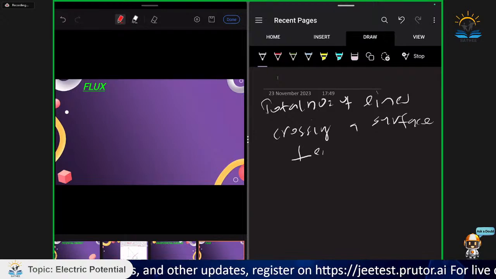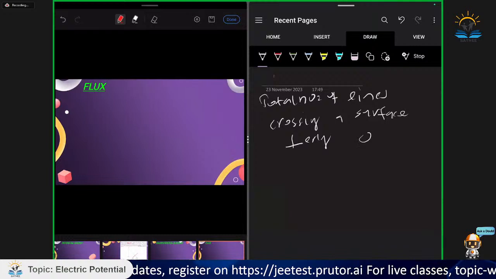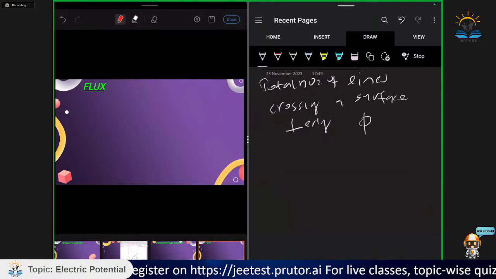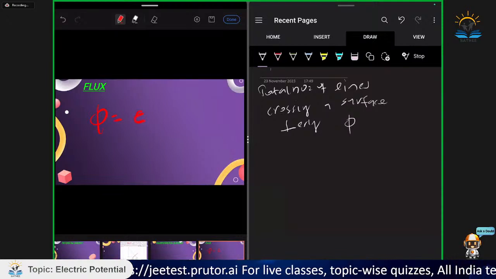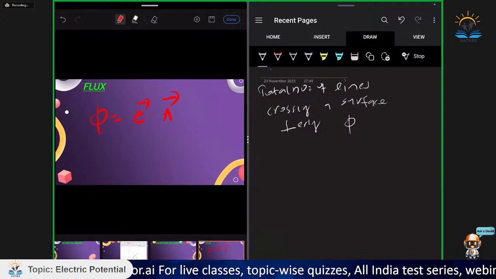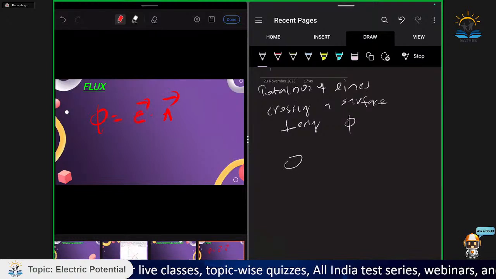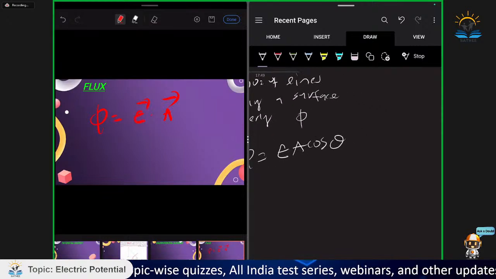That is flux phi. We know the formula: phi equal to E vector dot area vector, that is phi is equal to EA cos theta.